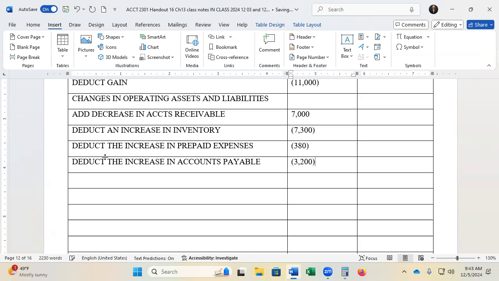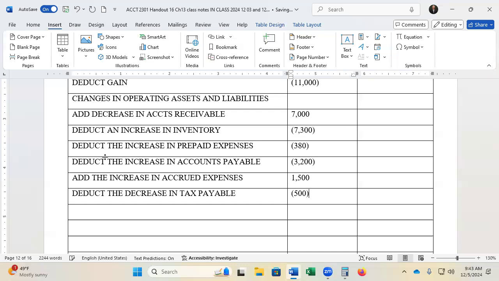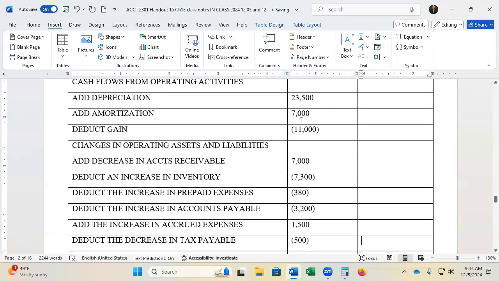And then we're going to add the increase in accrued expenses, and that's 1,500. And we're going to deduct the decrease in tax payable by 500. Now we have to sum all these up.